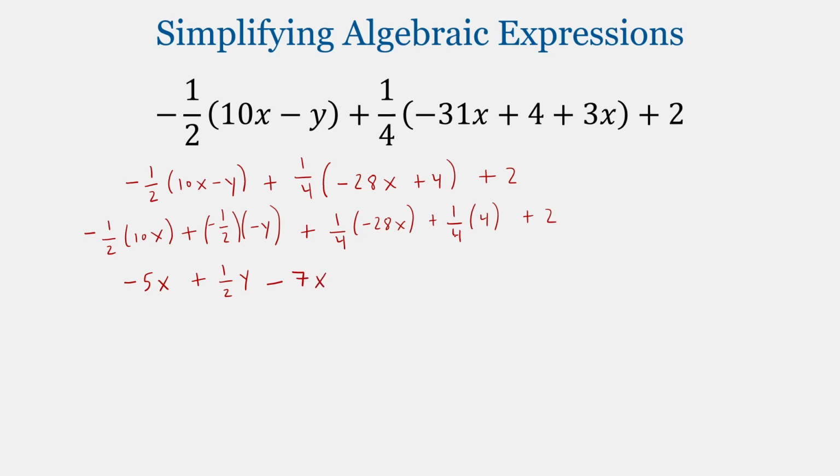And then we have 4 divided by 4, that's 1, and then plus the 2 at the end. So we're done with multiplication and division. We will now add and subtract from left to right by combining like terms. So negative 5x minus 7x, or negative 5x plus a negative 7x, that's negative 12x. Plus 1/2 y, there are no other terms that just have y in it. And then 1 plus 2 is 3.